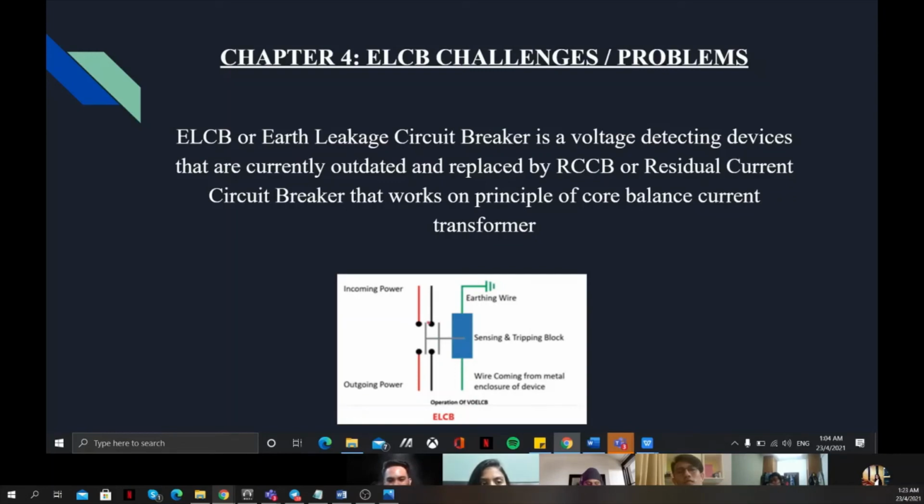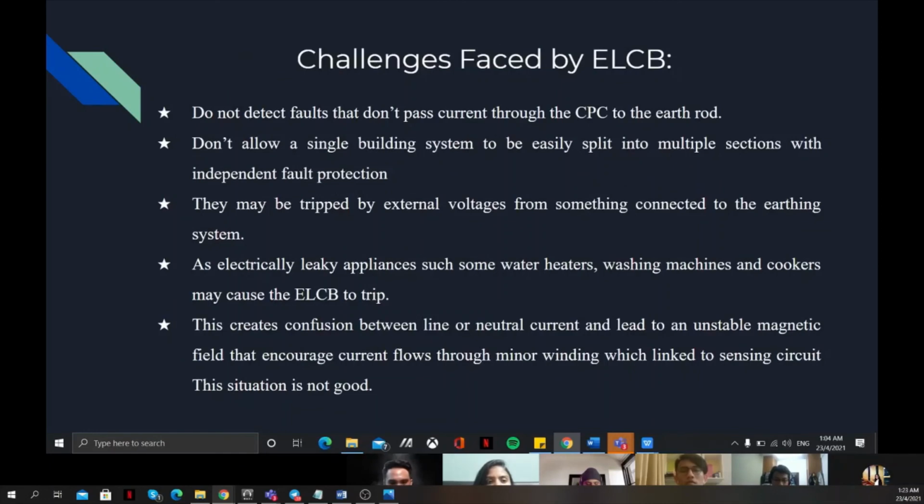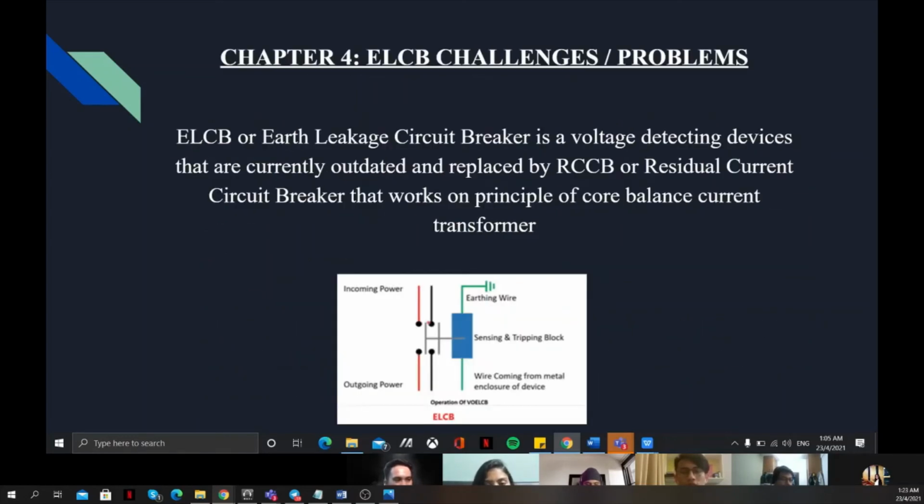That works on the principle of a core balance current transformer, whereby ELCB works by detecting voltage drops across the tripping coil that will trigger a trip, as we can see in the figure on the slide, where the incoming power is at the top and the outgoing power at the bottom, and in the middle is the sensing and tripping block, which will detect the leakage. Hence, ELCBs are not effective since they cannot monitor current flow in the phase wire as well as RCCB.